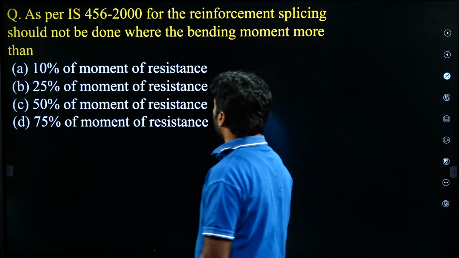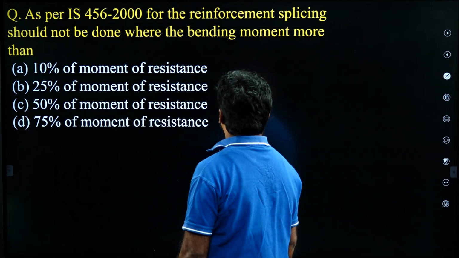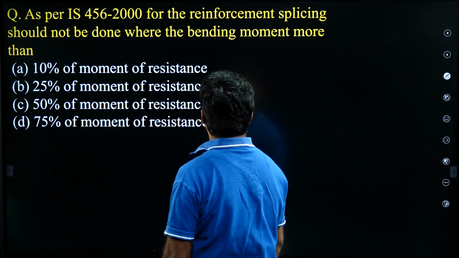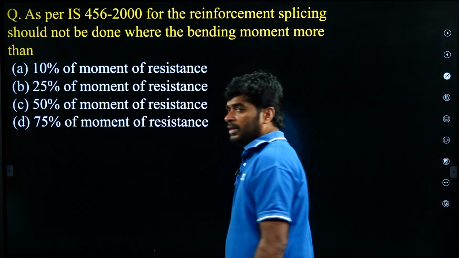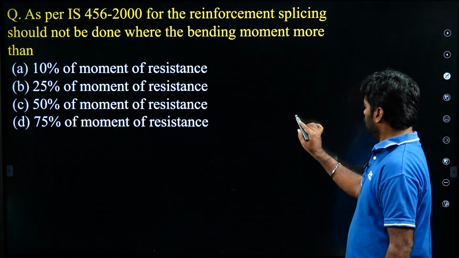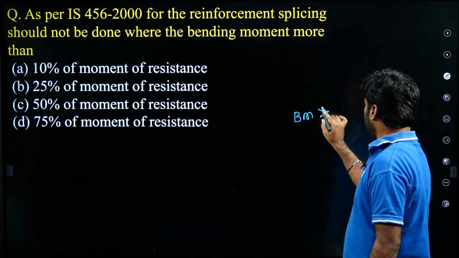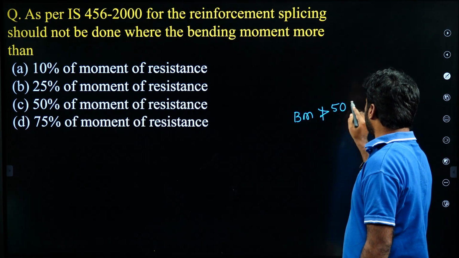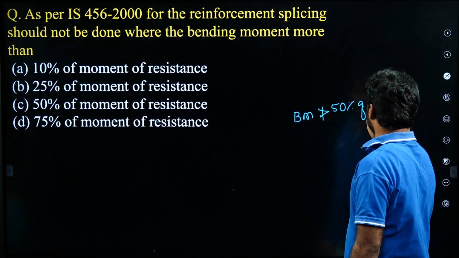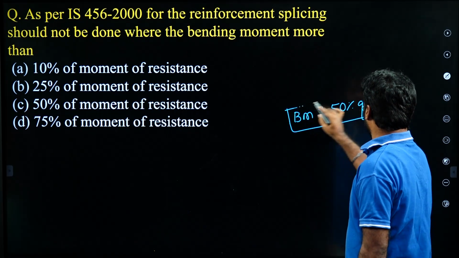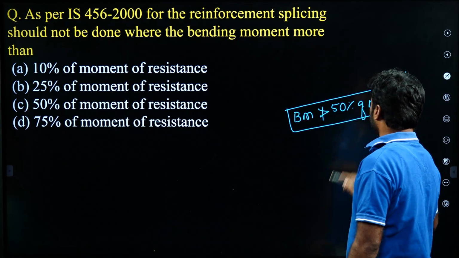As per IS 456-2000, reinforcement splicing should not be done where the bending moment is more than a limit. If the bending moment is more than 50% of the moment of resistance, don't go for splicing in that region.